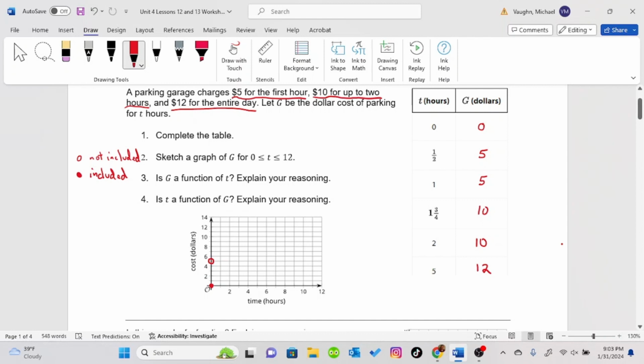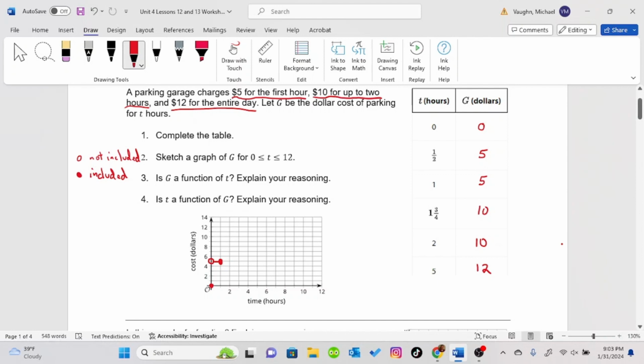And the $5 goes all the way to 1 hour, and that is included, so that would be a solid dot. And then we would draw the line that connects them, saying that anything after 0 hours up to 1 hour included is $5.